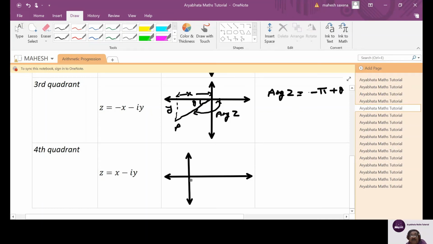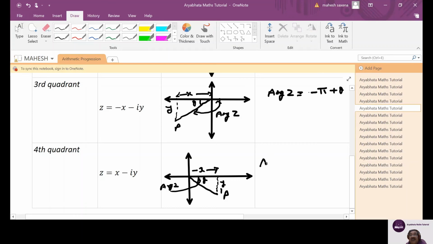Suppose it is in the fourth quadrant, then the point will be somewhere here. You draw a perpendicular on the x-axis, then this distance is x, this distance is y, this angle is theta. This is the argument of z.